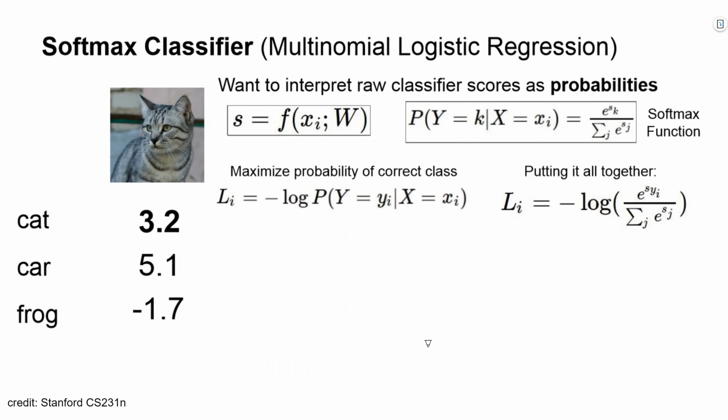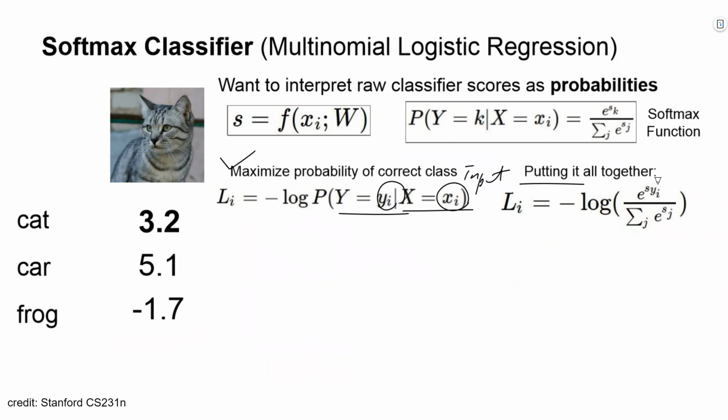Okay, so here, what we are doing is we just want to maximize the probability of the correct class. Now you can understand this equation. For a given input X, this is the probability of the correct class, and we want to maximize it.